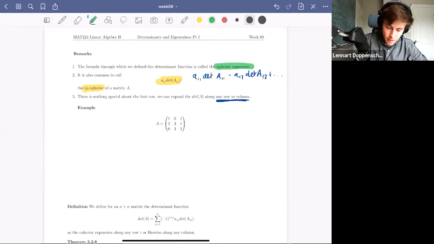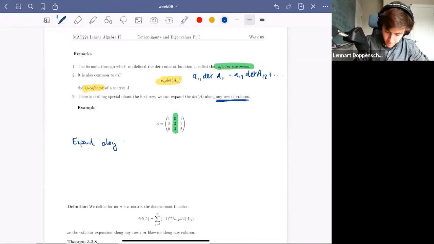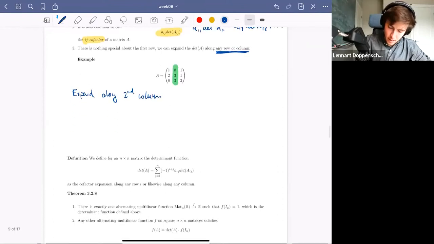So for example, let us say we want to use this column, the second column. Then the determinant of A is also equal, it's still the same value.